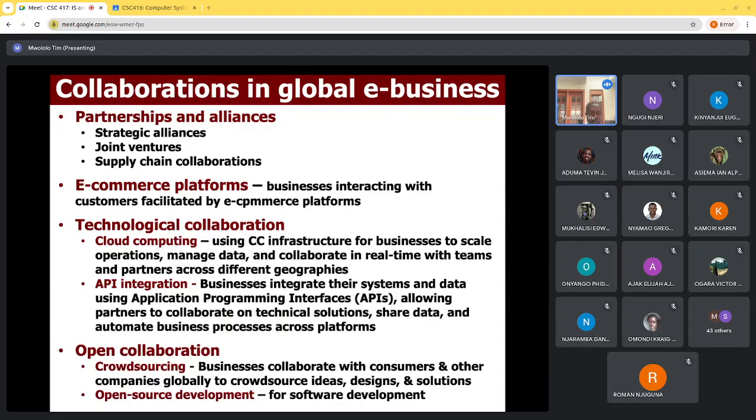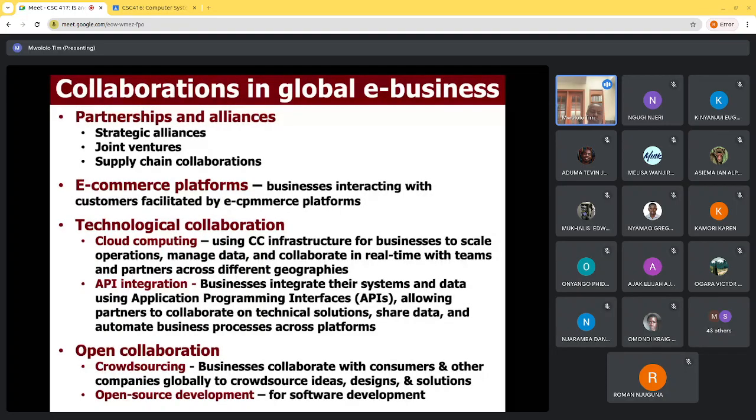Open collaboration, crowdsourcing. Somebody mentioned crowdsourcing earlier. Open source, where people come together to develop a solution, a software solution. And crowdsourcing here, we are talking about whether we are crowdsourcing for ideas, for designs, for solutions. These days you can create a platform where a company says, I want to develop a solution on this, this is my problem.